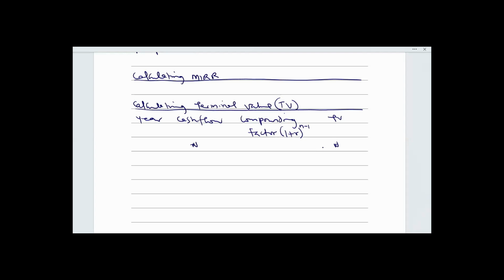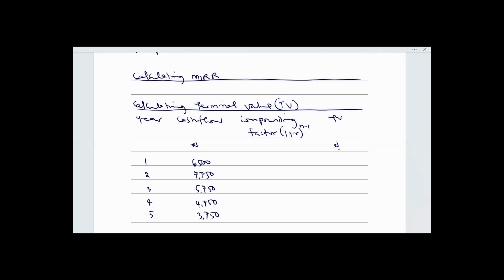So I will go back to the question. We are given cash flow from year 1 to 5. The first year cash flow is 6,500. So year 1, 2, 3, 4, then 5. Here is 6,500, 7,750, 5,750, 4,750, 3,750.